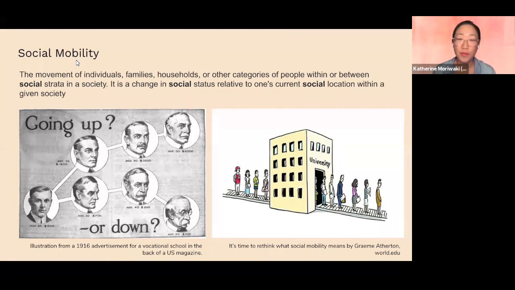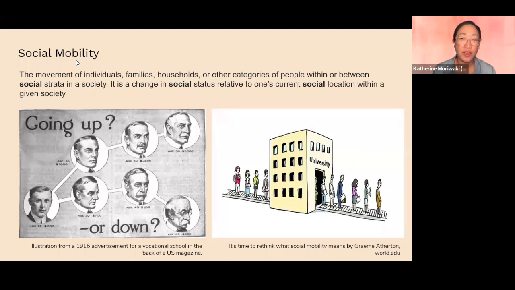So the American dream, as we like to call it, right? The idea that people can come to the United States and no matter where they're from or how much money they have when they arrive, that through hard work, a person can go from having nothing to having enormous amounts of wealth.